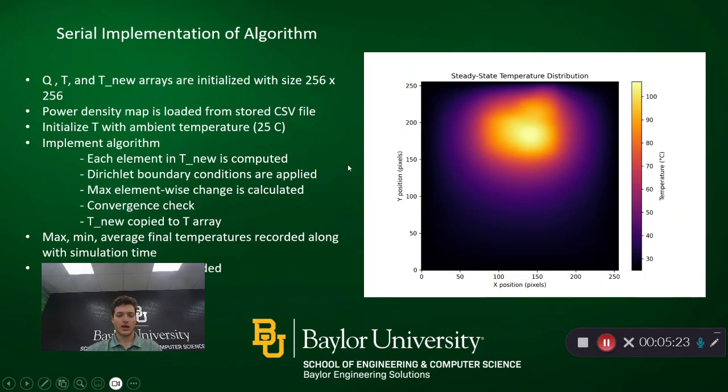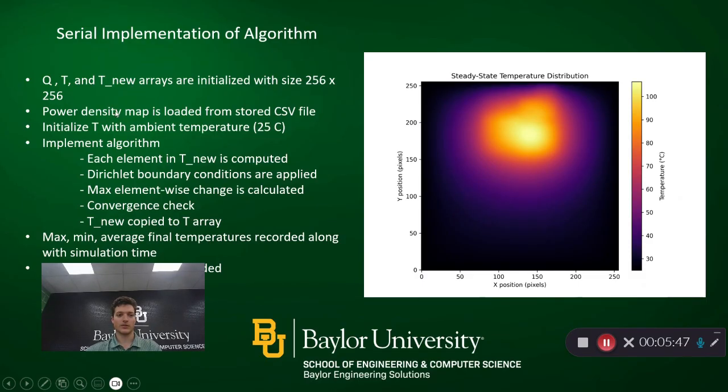So first, I implemented the algorithm serially. To do this, I used the Kodiak computer. To start off, it initialized the Q array, T, which is the current, and T_new, which is the new computed temperature array from the algorithm.